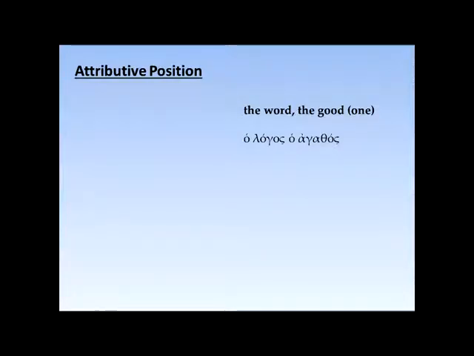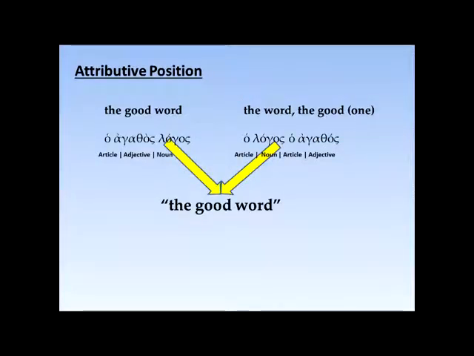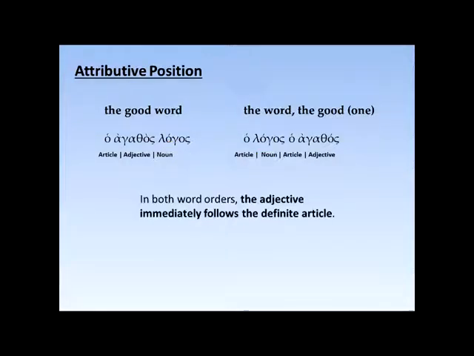When we say the word, the good one, ho logos ho agathos, we have article, noun, article, adjective. The first word order we saw was the good word, ho agathos logos, article, adjective, noun. Both of these word orders mean the good word. Both of these word orders are examples of the attributive position.